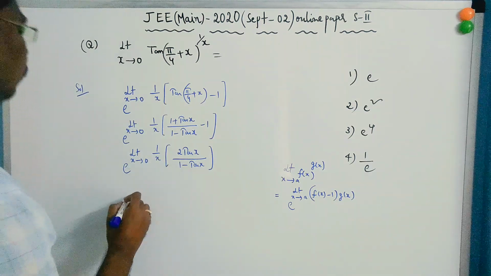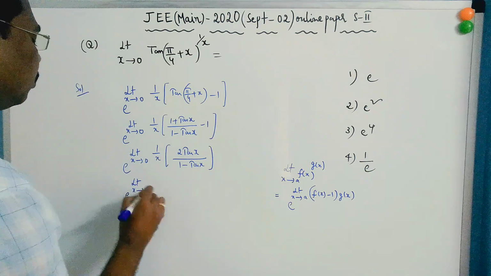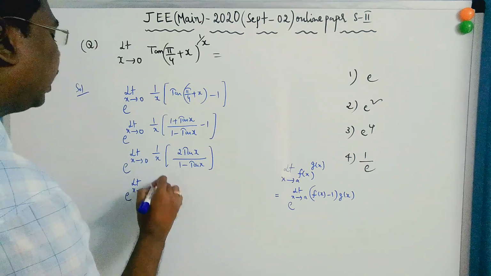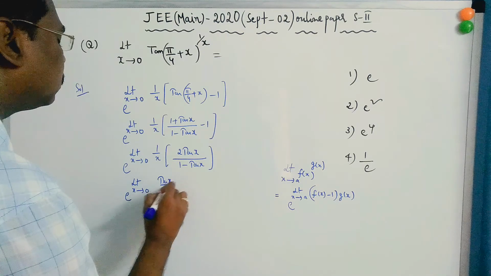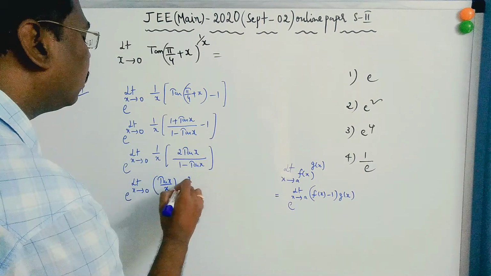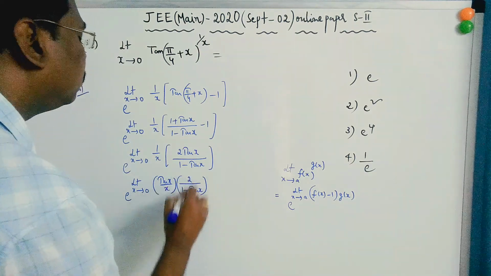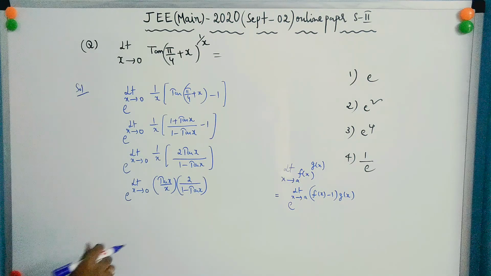Now e power limit x tends to 0, tan x by x into 2 by 1 minus tan x.